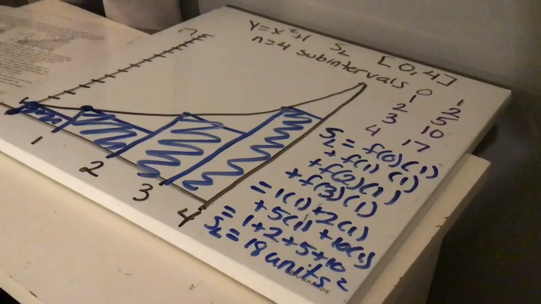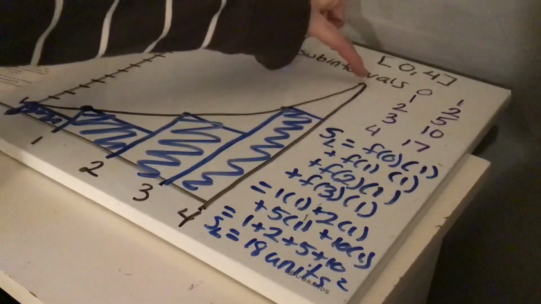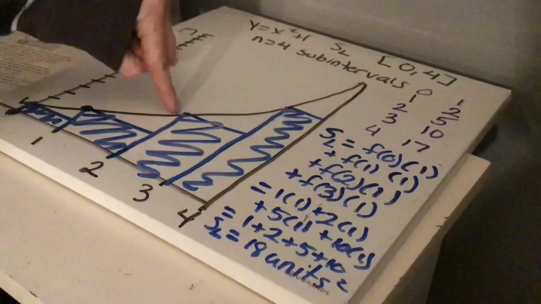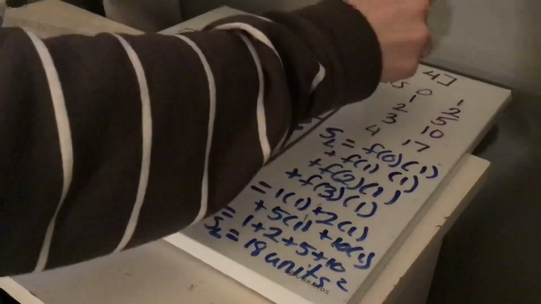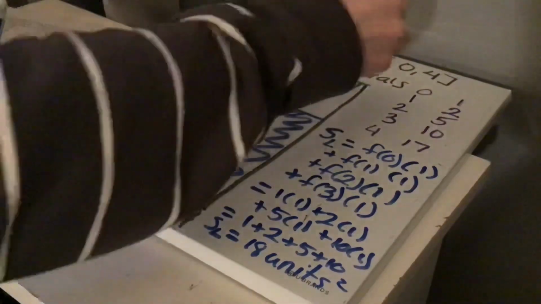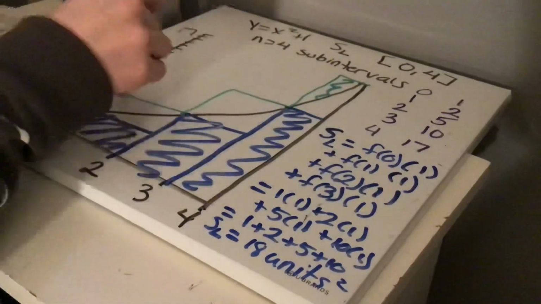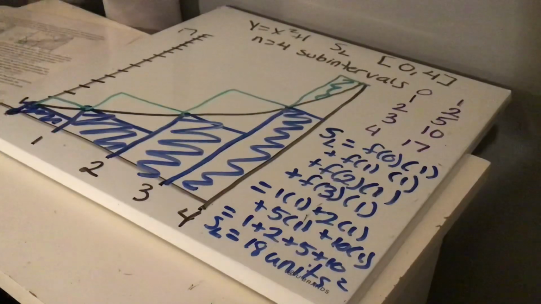If you wanted the right hand, the height would still be at the curve, but we would use 4, 3, 2, and 1 because they have to go above the curve for the upper limit. So the green ones would be our upper limit if that's what we were finding.